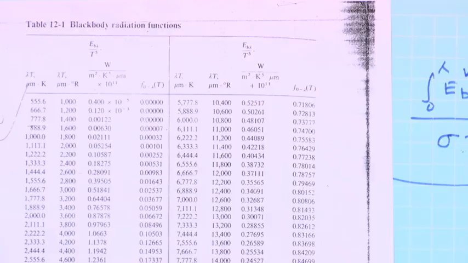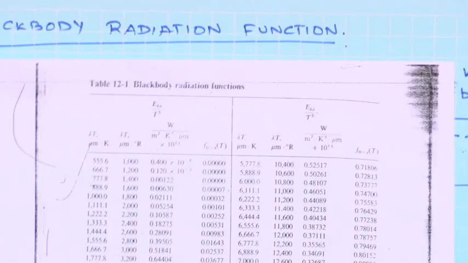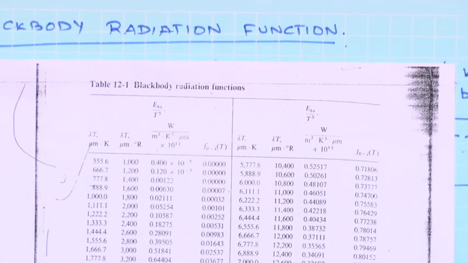So, in that table, the total emissive power of a black body which is contained within the wavelength range is provided as a function of T and as a function of lambda. So, you must keep in mind that this T is always going to be in Kelvin and lambda is going to be in micron.